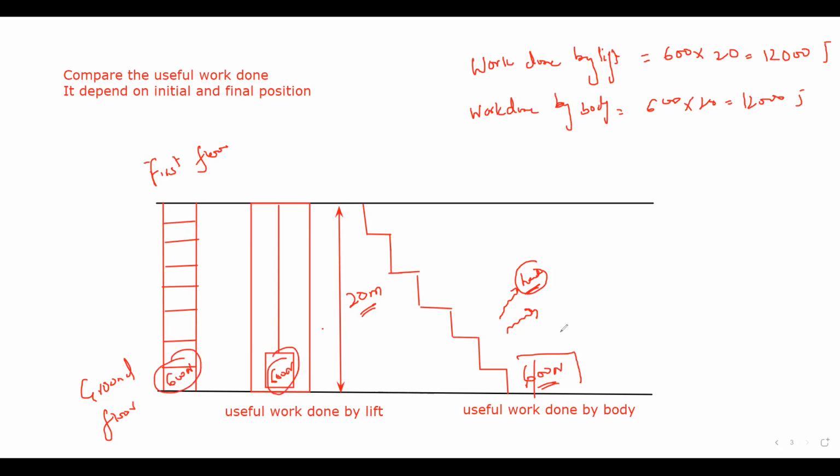That's why in all the examples the weight is 600 Newton. So here, 600 Newton, and a person climbs the ladder. When he climbs the ladder, he is also moving the same distance. So he will cover the same distance. So the work done by the body when climbing the ladder or using the stairs will be the same.